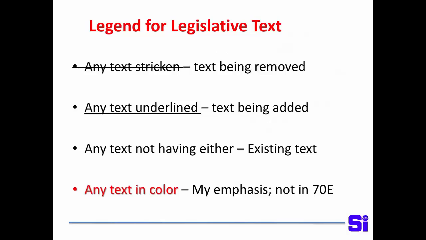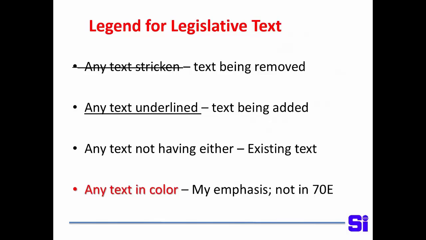Any text that is underlined means that it is being added for the 2018 edition. If it doesn't have a strike through or an underline, then that means that it is existing text in the 2015 edition and is not being changed. So I have some of that to try to give the context of what we're doing here, because like I say, it gets a little confusing even for me sometimes.